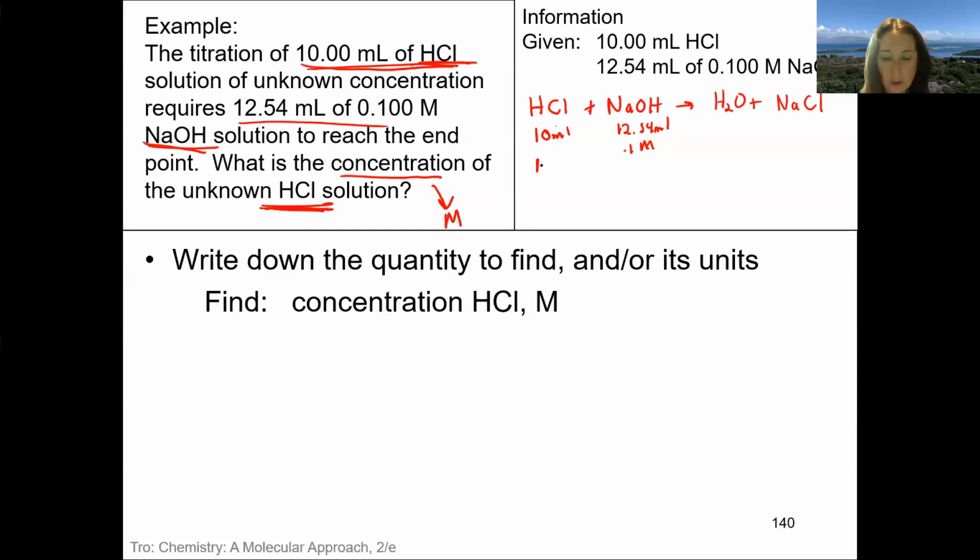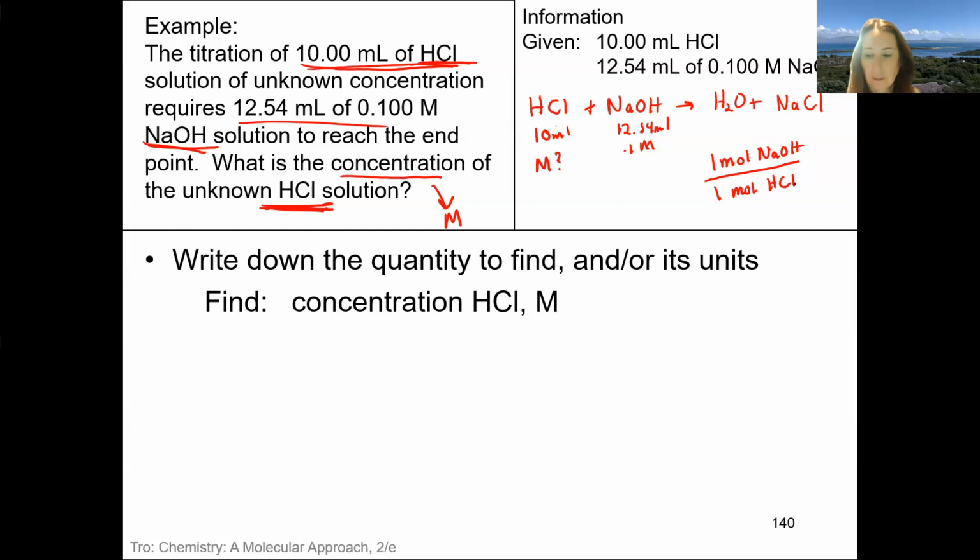So we want the molarity of HCl. Okay, so they're giving us information about NaOH and they're giving us information about HCl. Well, that means our mole ratio will be between NaOH and HCl. So somewhere in our problem, we're using this. Where? I don't know, but we've got to use it. It's happening somewhere in this problem.